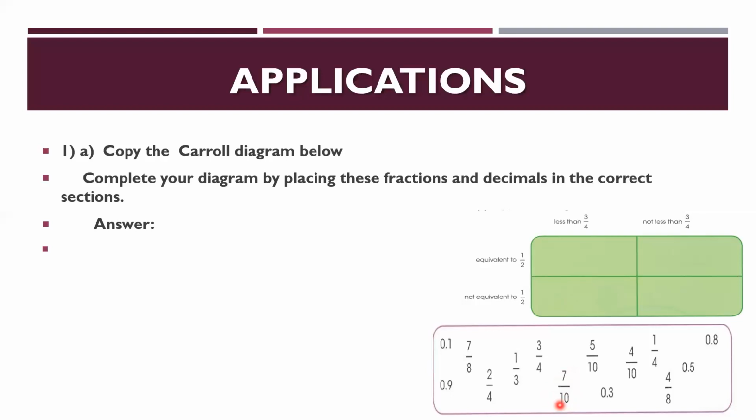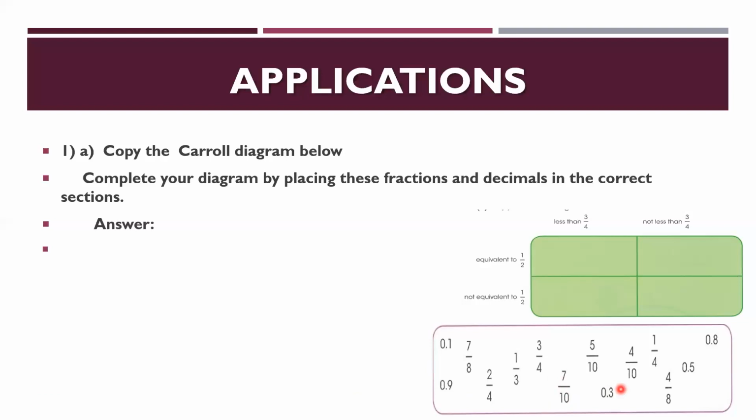When you simplify this, you can't get any simplification because the numerator 7 is a prime number, so it only goes in its own table and the 1 table. So 7 by 10. Okay, when you divide this 7 by 10, is it equivalent to half? No. So it is not equivalent to half. So 7 by 10 is possible.